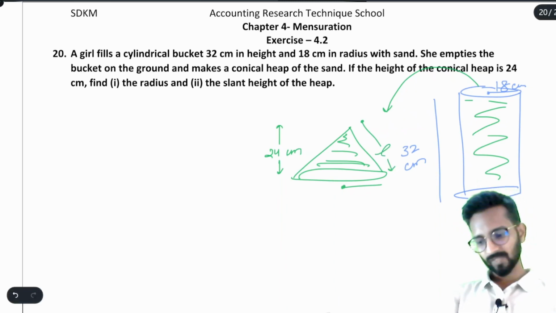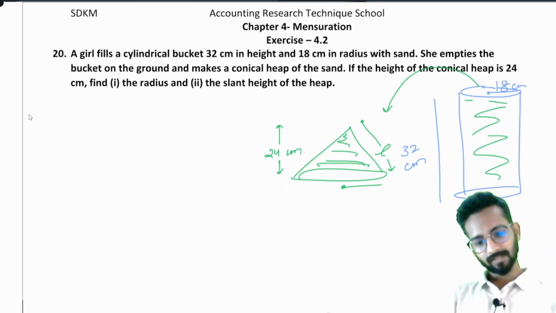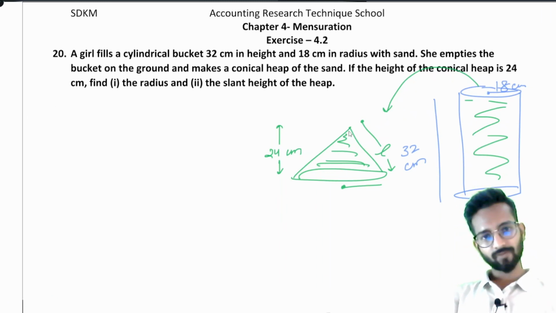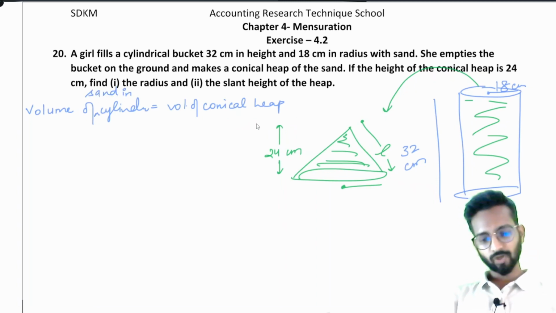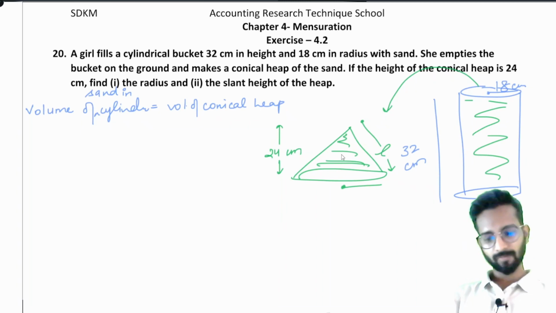It's very easy. We know that we have taken out the sand from the cylinder and then we formed this. Now you can say that the volume of the sand in the cylinder and the volume of the conical heap of sand, both will be equal.